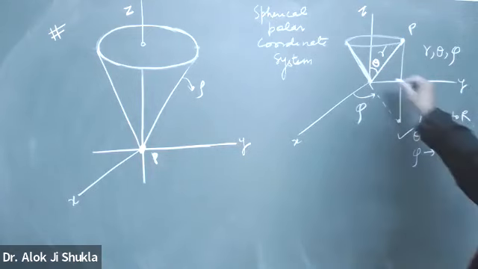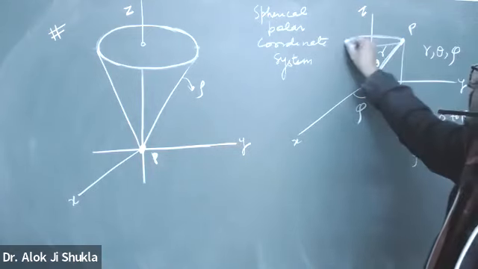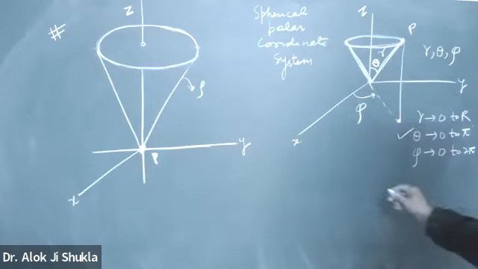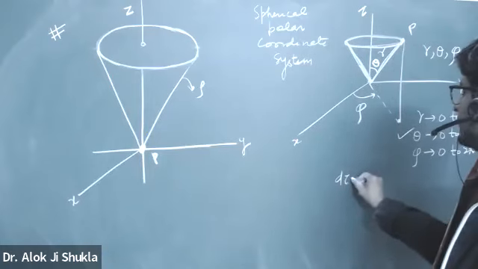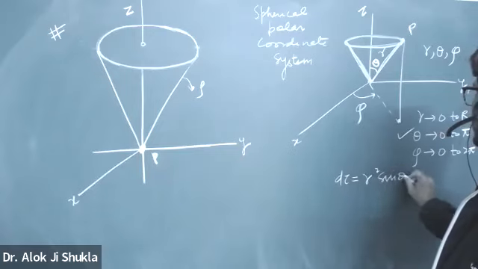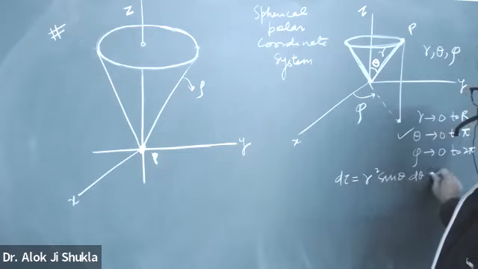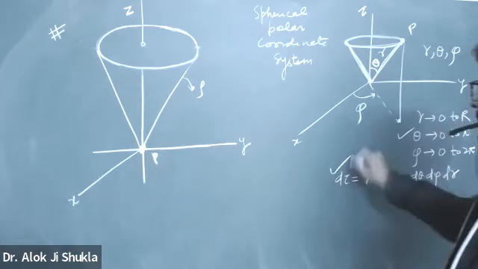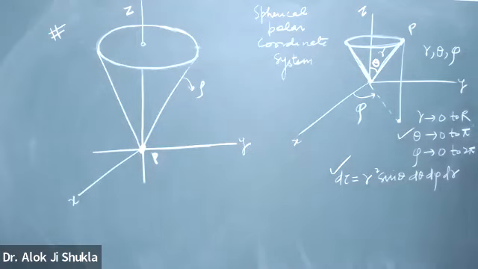So if you fix this, then it becomes a cone. So what is a small volume for a sphere? It is r square sin theta d theta d phi and dr. सबको सीखना पड़ता है एक बार, कोई ऐसे टेंशन मत लेना, बार बार use होता है. Everybody will understand. This is the small volume.